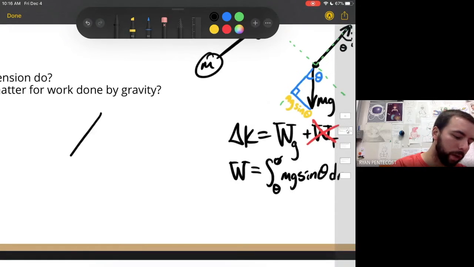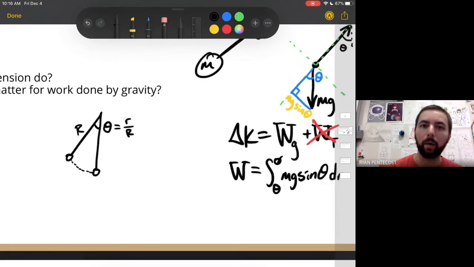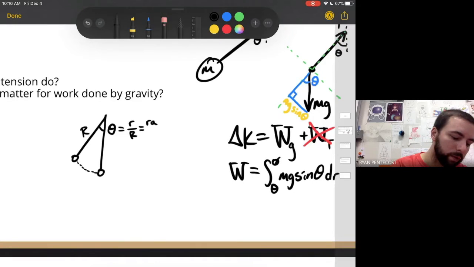If we look at these 2 points, we've got theta equals r over R, which is so inconvenient, but this is the common equation that I've seen used. Little r is the radians of arc, and big R is the radius.